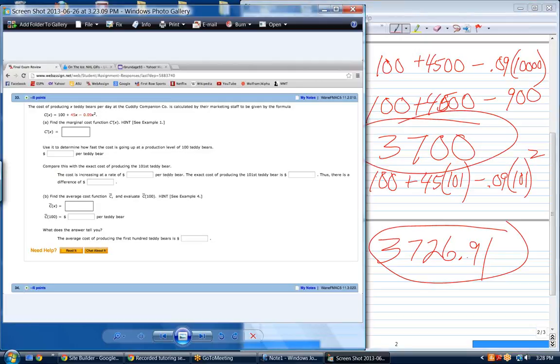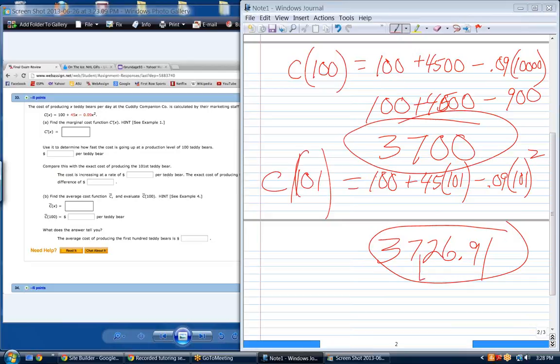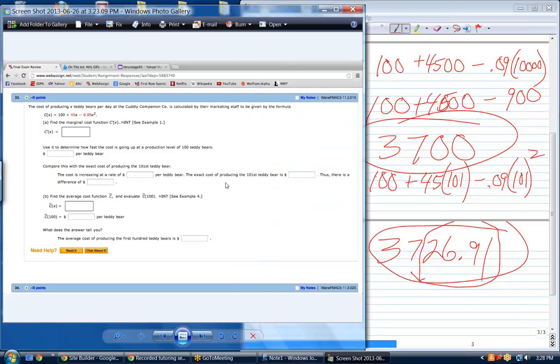So that's pretty close. 26.91 is awful close to 27. So that makes a lot of sense. Okay, so the exact cost of producing, we did that. I think we've done this, haven't we, fully?